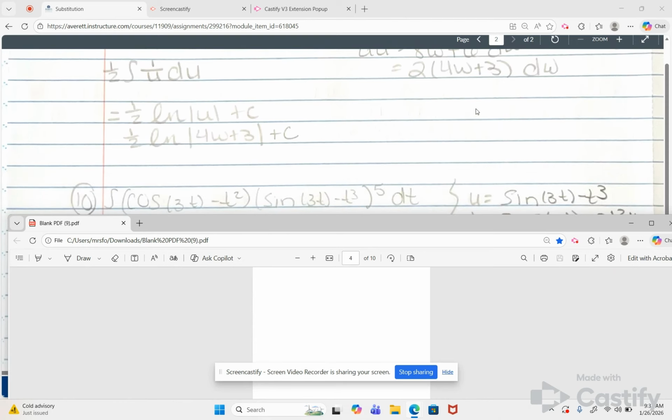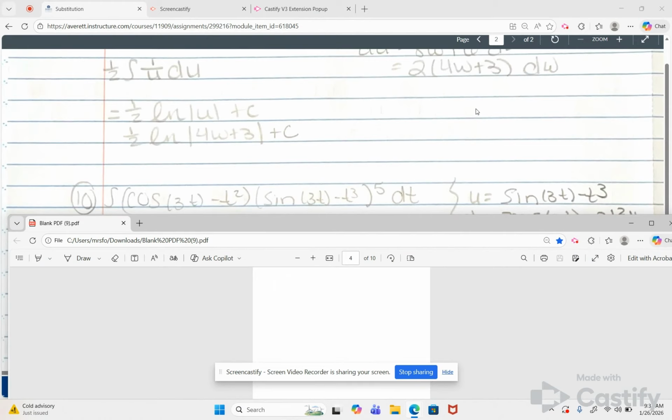All right, number 10. Here we have cosine of 3t minus t squared times sine of 3t minus t cubed, and all of that is to the 5th. So here I'm going to choose the sine 3t minus t cubed. No, it's not all to the 5th. Just the sine function is to the 5th. So I was looking at it wrong.